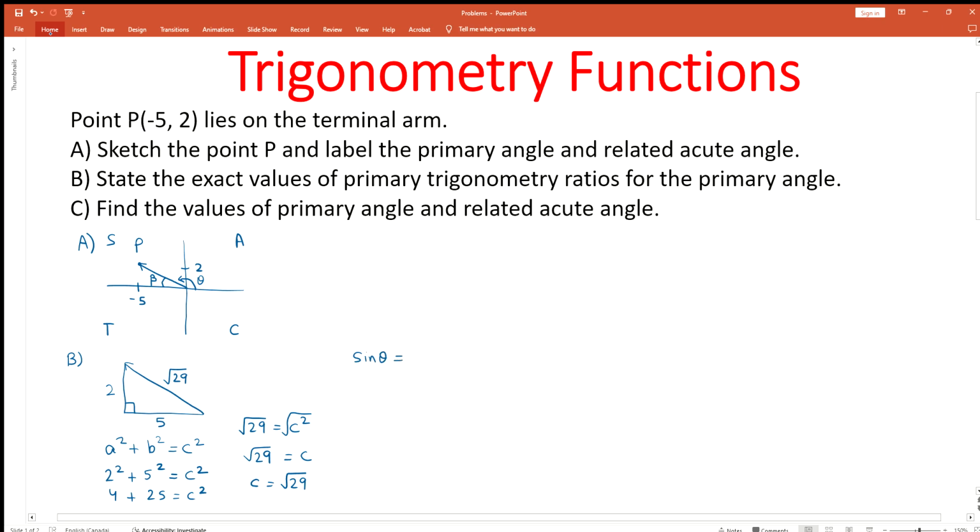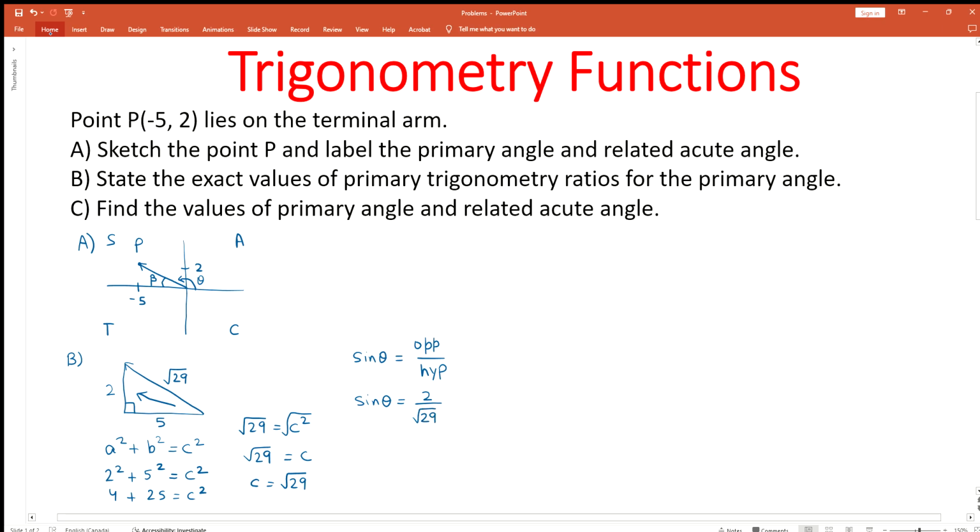The formula for sine is opposite over hypotenuse. The length of the opposite side in this triangle is 2 and the length of the hypotenuse is square root of 29.